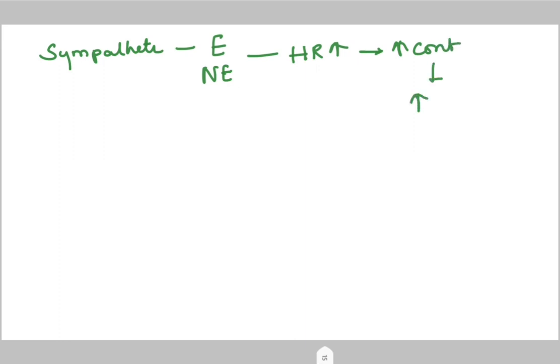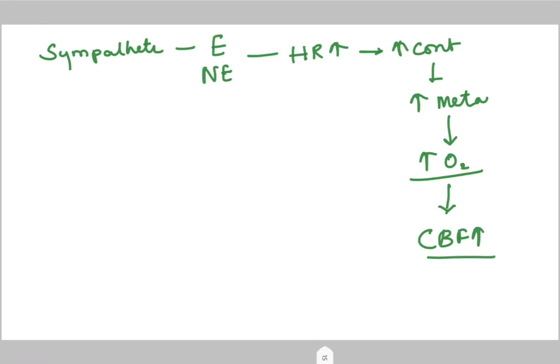It also increases the contractility, which increases the metabolism of the heart, which leads to the utilization of more oxygen. As more oxygen gets consumed, this will lead to the release of the vasodilatory substances and it will dilate the blood vessels, leading to the increased blood flow.